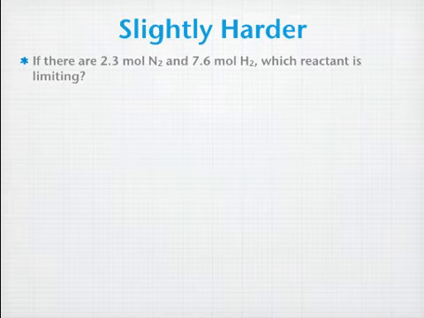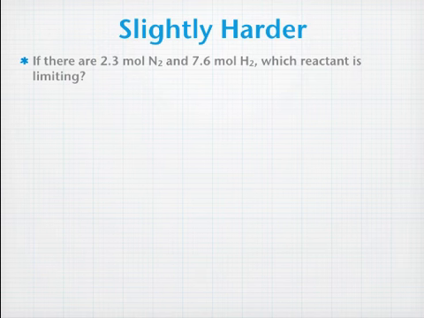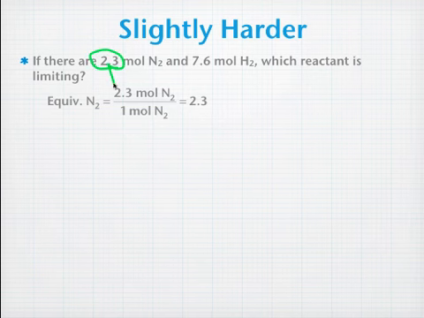A slightly harder problem, only because we've thrown some non-integer numbers at you here. If we have 2.3 moles of nitrogen and 7.6 moles of hydrogen, which reactant is limiting? Of course, we're still using that same reaction. So we're going to take our 2.3 moles of the nitrogen gas and divide that by the 1 mole from the balanced chemical equation to get an equivalence of 2.3.